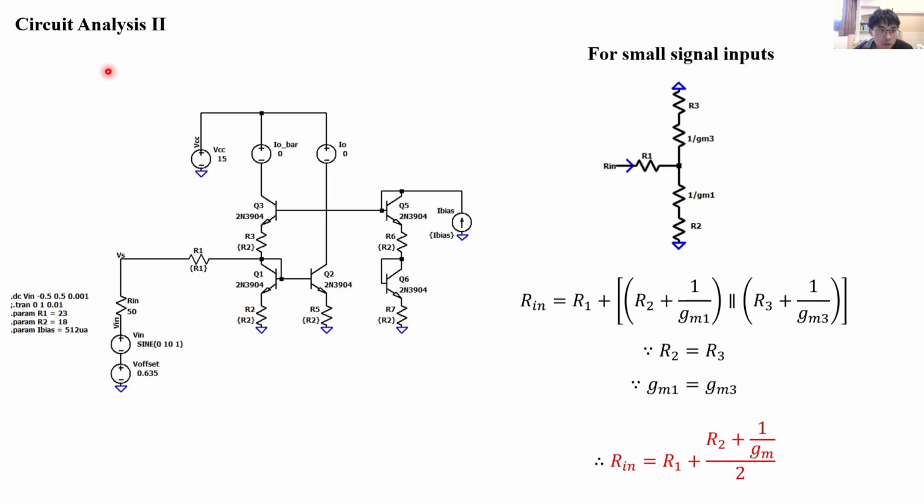And to improve the input impedance, we also put a resistor in the emitter of all the BJTs.